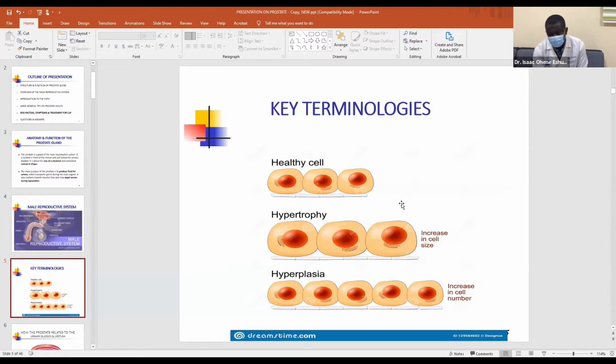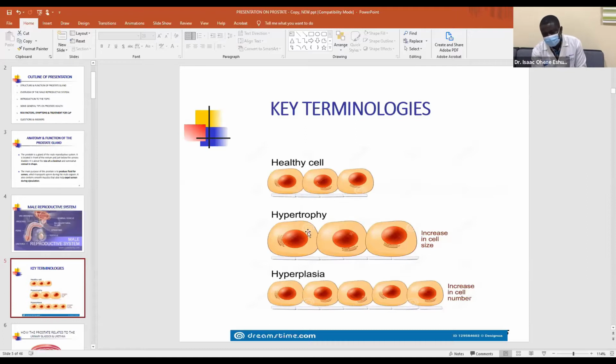And this diagram we have here explains what we mean by benign and malignant and why some cancers are dangerous. Now, this is an example of a healthy cell. We have only 3 cells.